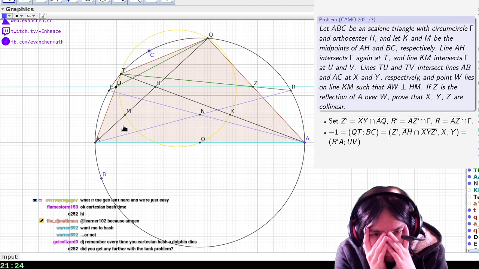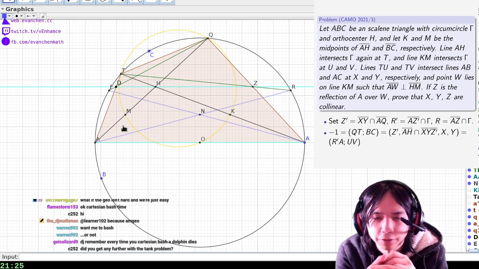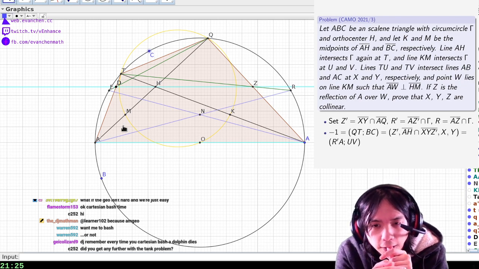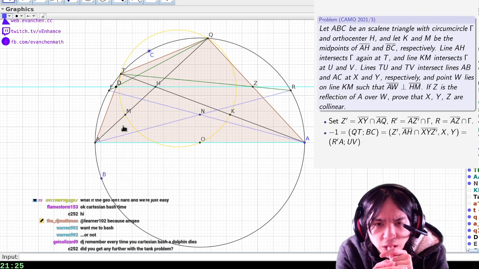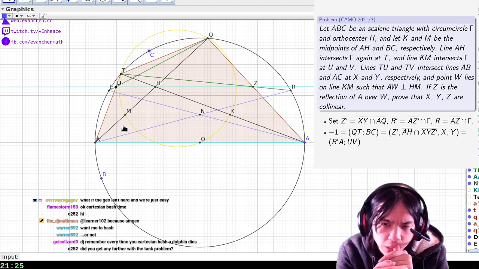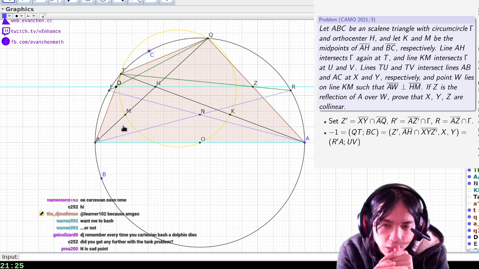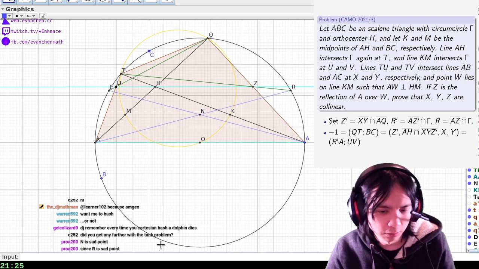I wonder if I can do some 9-point thing. Actually, if H is the orthocenter of AA prime something, what is N if that's the case? I guess that point isn't anything special. Where's the center of the 9-point though?